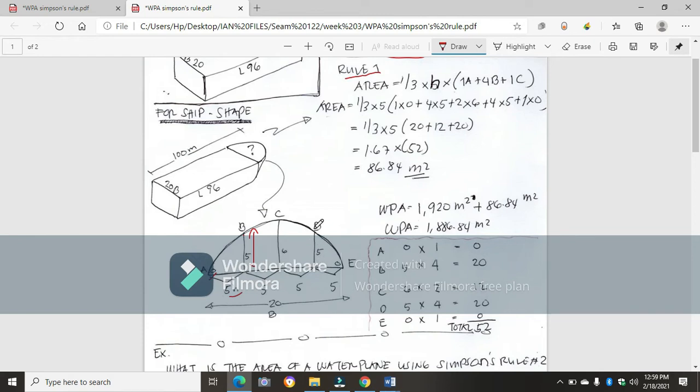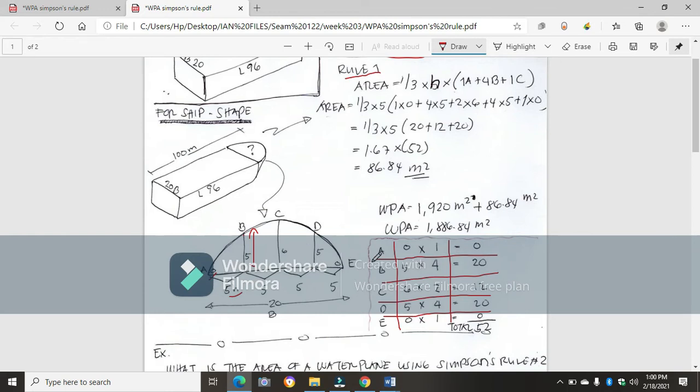Now we will draw a table. This is the ordinates, right, and the distance of each ordinate. For A, the distance is obviously 0, and B is 5, C is 6, and D is 5, and E is 0.